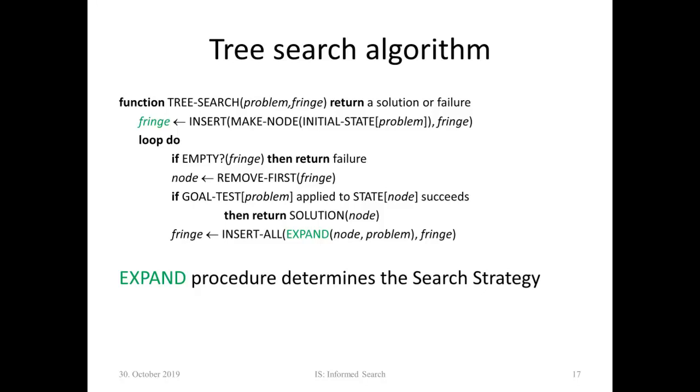So if the fringe is empty, then we don't have any nodes that we can explore, and then we're done. And we're done with a failure if we haven't found the solution before. That's the first line of the loop. So that's the first line of the code: if there is nothing in the fringe to be explored, then stop. Otherwise, take the first element from the fringe.